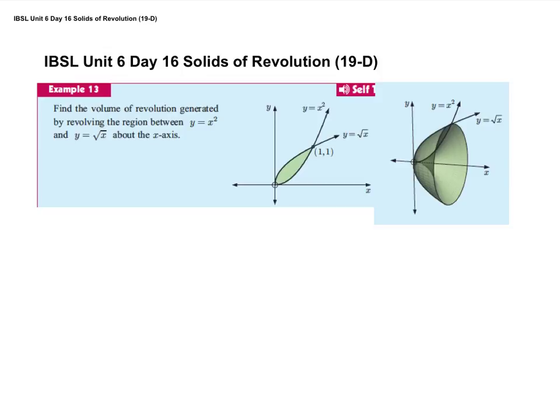Okay? So here, for example, you see we have the graph of y equals the square root of x, and then we have y equals x squared. It creates this kind of leaf shape, and then we're going to revolve that around the x-axis, okay?